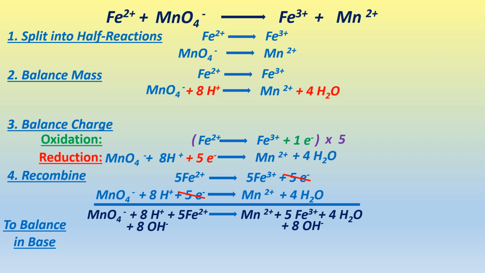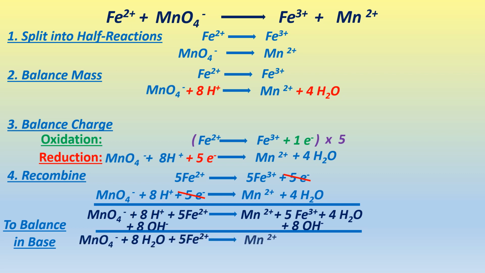To keep things balanced, whatever I add to the left, I also have to add to the right. So, I will wind up with a permanganate and 8 waters, 5 iron 2, going to Mn2 plus, iron 3, 4 waters, and 8 OH minuses. Doing some bookkeeping, I notice water is showing up on the left and the right.